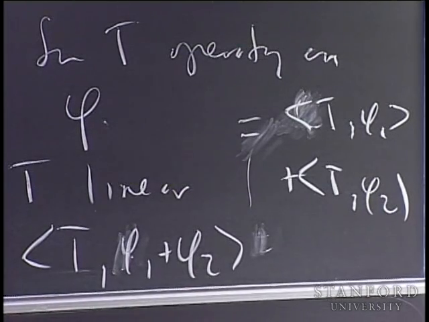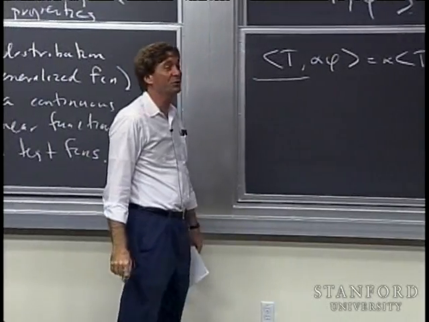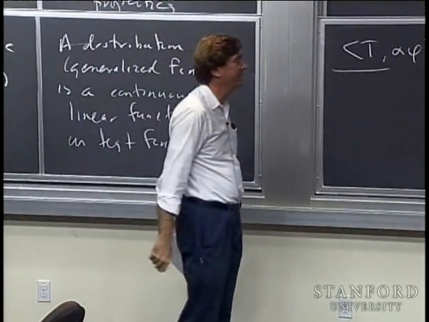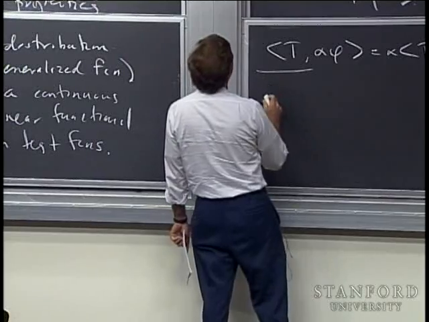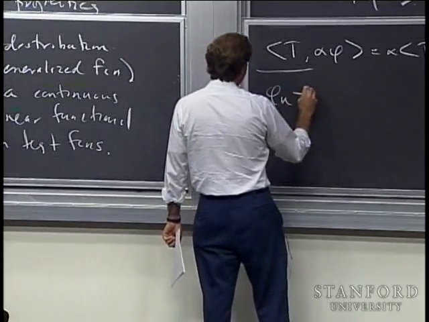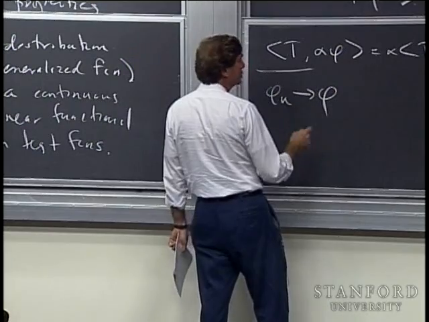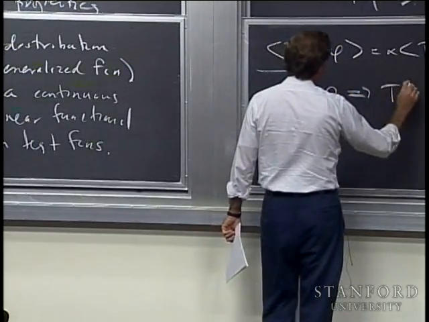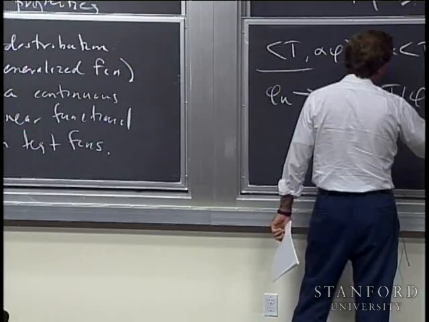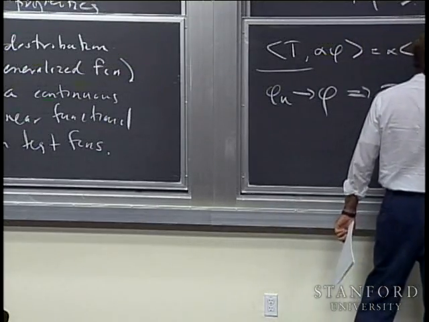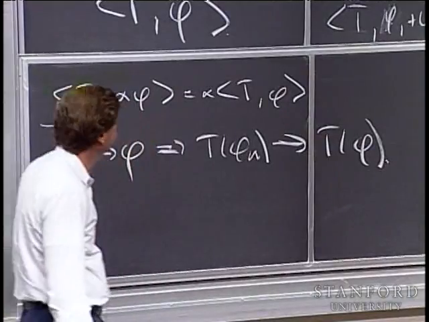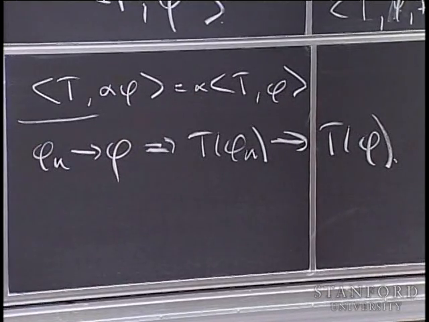And the property of continuity can be phrased in different ways, but the most direct way of writing it, and I'll have a comment about this in just a second, is that if phi n converges to phi, a sequence of test functions converging to a test function phi, that implies that the measurements of phi n also converge to the measurement of the final test function. There's nothing wrong with trying to impart a physical interpretation, but I don't want to push that too far.